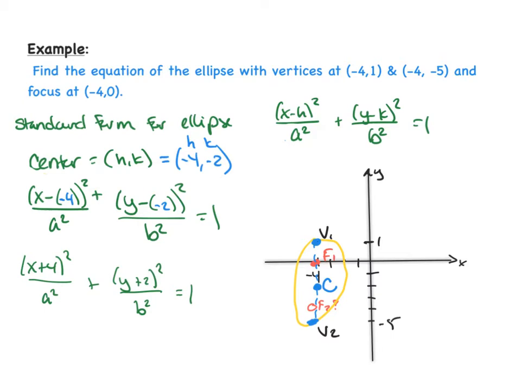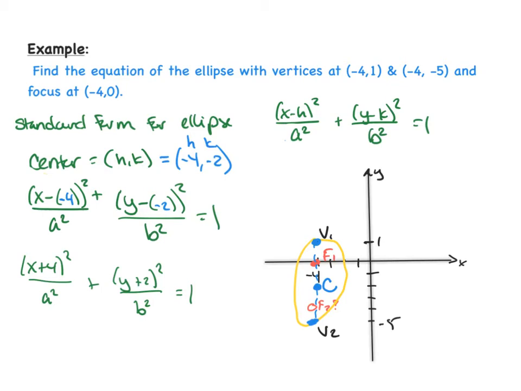Now I just need to find a and b. One of those values is really easy to find, and that would be our b value, our up and down value from the center. So the b value, remember, is the distance from, let's see, what color have I not used yet? Let's go for purple.